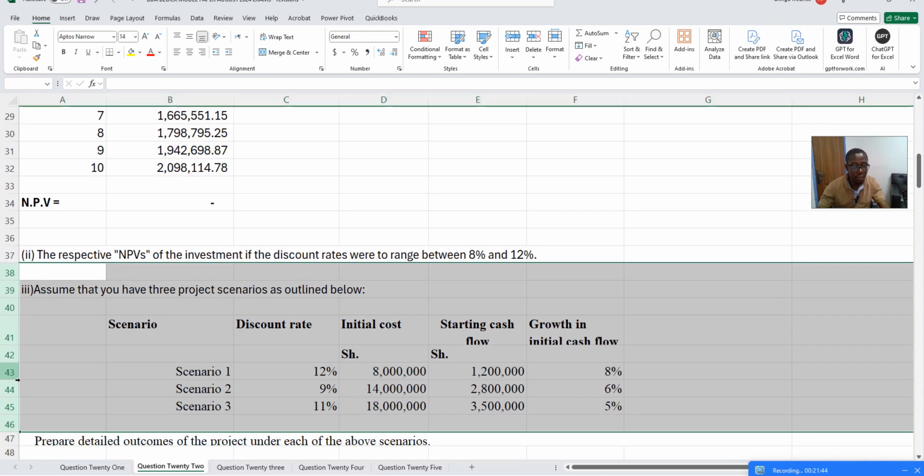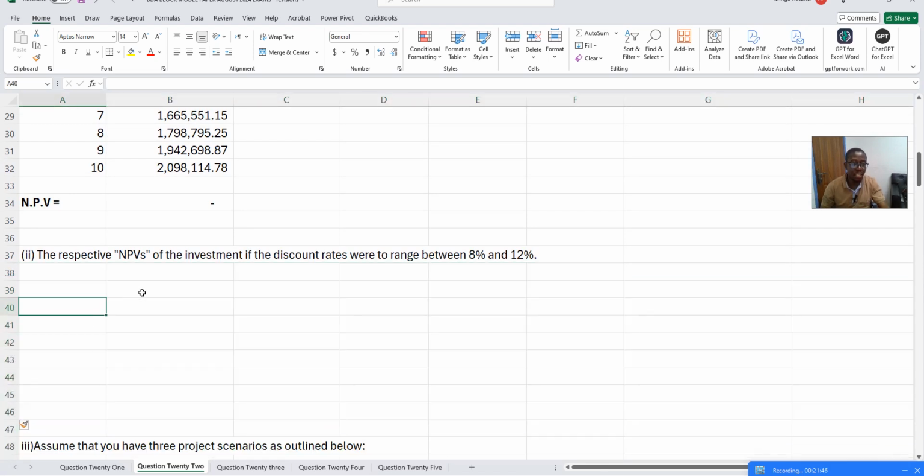We're told the respective NPVs of the investment if the discount rates were to range between 8% to 12%. So what this examiner wanted us to determine is for us to do our scenario. This is scenario analysis.